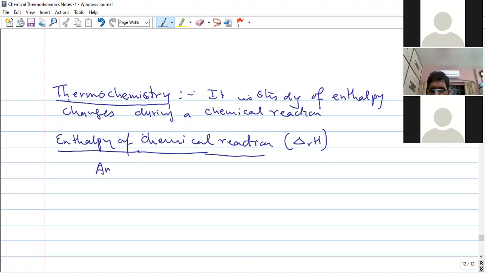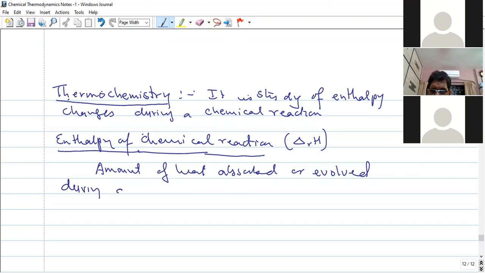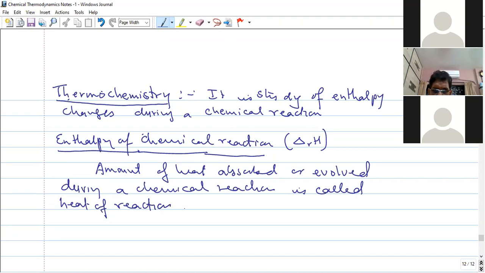Amount of heat absorbed or evolved during a chemical reaction is called heat of reaction or enthalpy of chemical reaction.